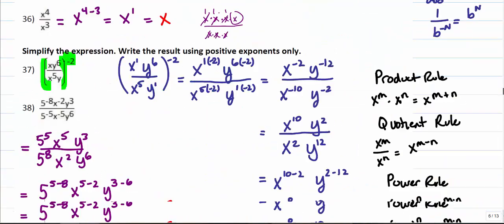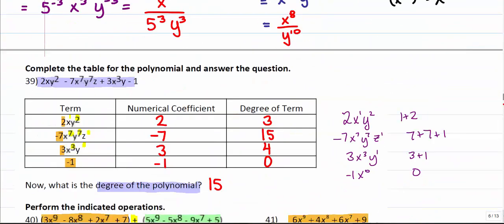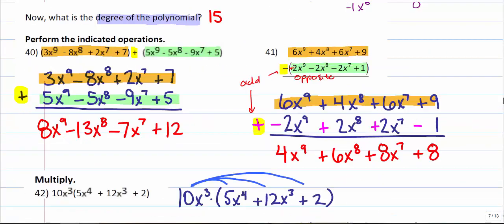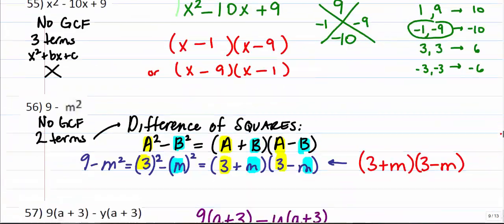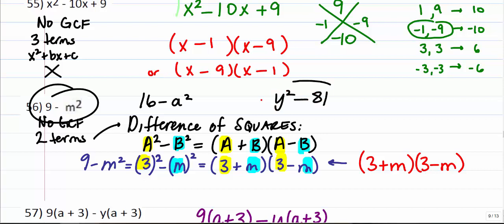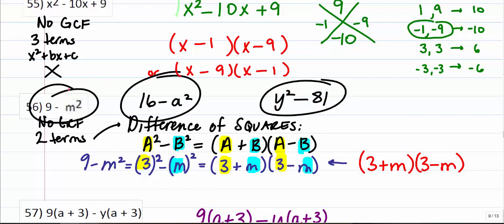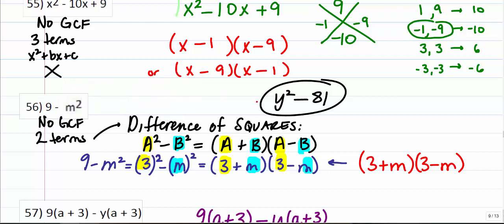So it's just going to be a matter of changing some numbers. Like on number 59, instead of 9 minus m squared, I might have 16 minus a squared. Or I may have y squared minus 81. Those are all difference of squares problems. So out of the ones that are not vocabulary and not number 70, I'm going to pick 30 of them.